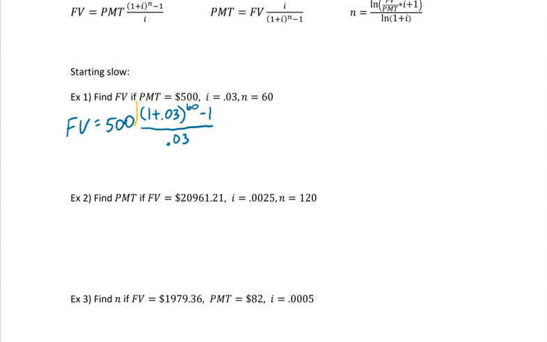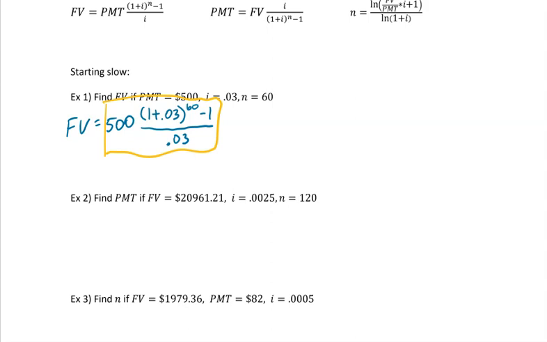Once you have that, divide it by 0.03. And then once you have that, finally multiply it by the 500, and that'll get it all plugged in for you. If you have like a TI-83 or a TI-84, then you'll be able to just plug this all in at once.